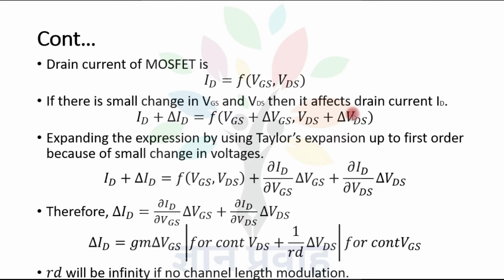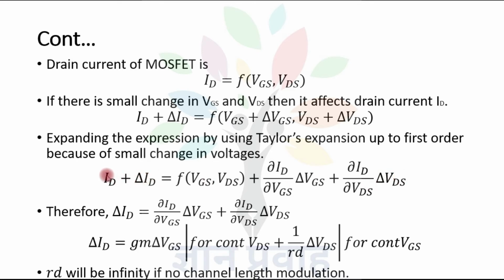Now we can apply Taylor's expansion theorem up to the first order, because of the small change in voltages, to find the overall effect of voltage on the overall current. So the overall current, ID plus a small change in ID, equals f of VGS, VDS plus delta ID by delta VGS times the small change in VGS, plus delta ID upon delta VDS times the small change in VDS.